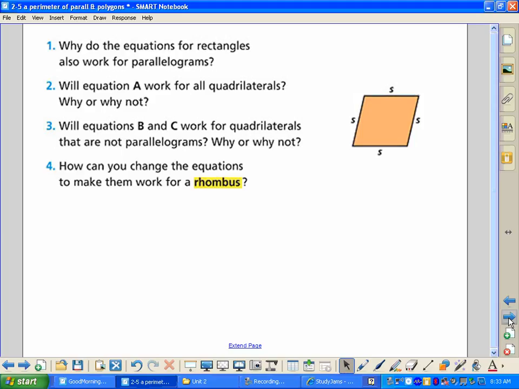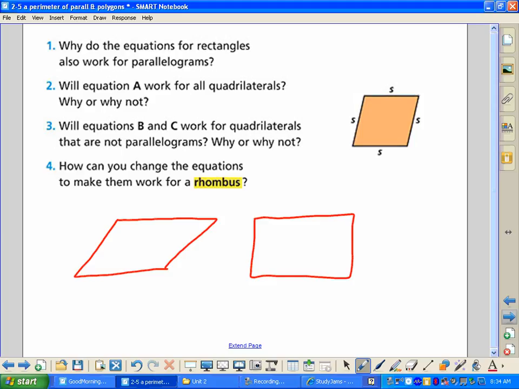Opposite sides of a parallelogram are congruent, just like on a rectangle. So on a parallelogram, the sides would be almost the same as these sides, right?